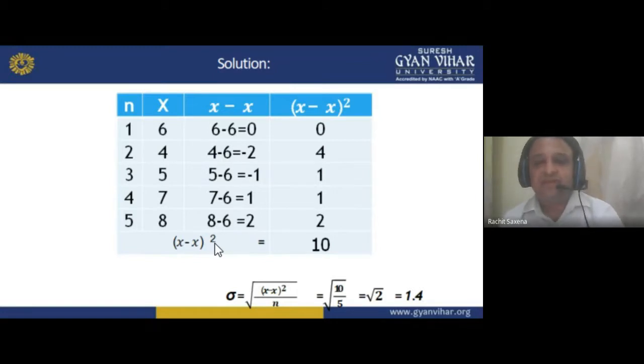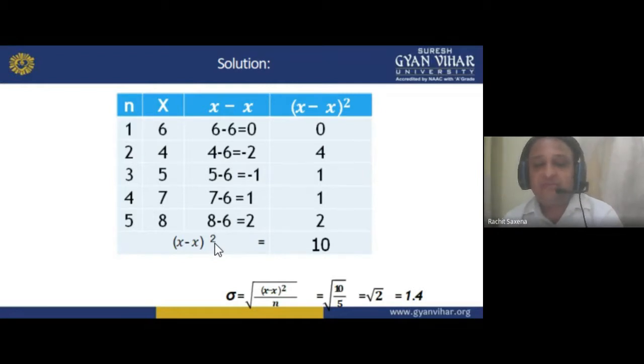So first take the deviation. What is deviation, my dear student? Deviation is the actual measured value minus the mean value. First, 6 minus 6, that is 0. The second is 4, that is the actual value, and the mean value is 6. 4 minus 6, you get minus 2. The third value is 5 minus 6, that is minus 1. The fourth value is 7, higher, minus 6, that is 1.